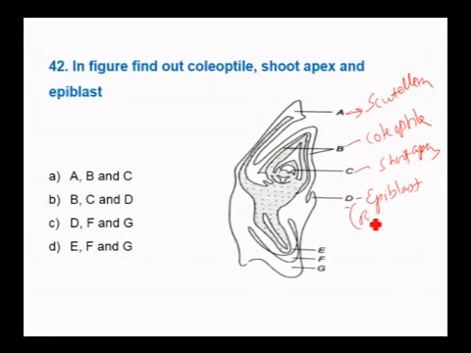Epiblast is nothing but a rudimentary cotyledon which is not grown. Then here we have the coleorhiza and other things. Here we have to concentrate on the coleoptile. B is the coleoptile, shoot apex is C, and epiblast is D. So BCD is the answer. So look into these options also.